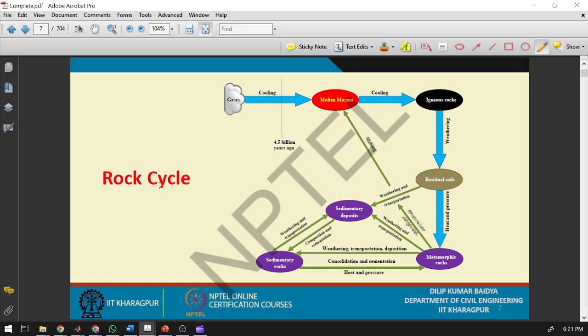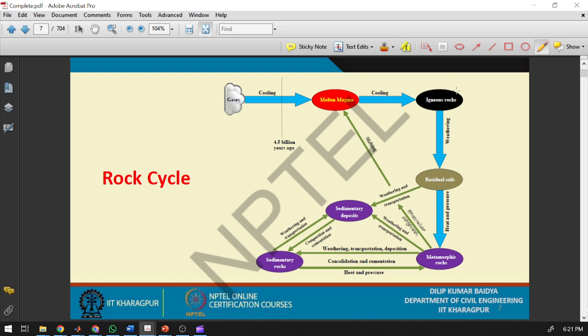Rock cycle. Yes, this is very important because this is where soils are technically generated. There are three broad classifications of rocks.